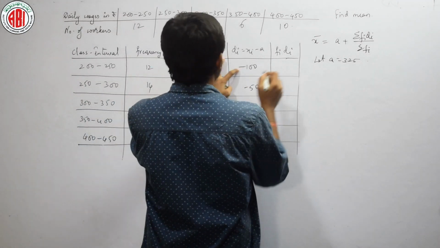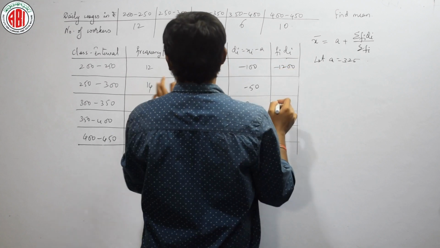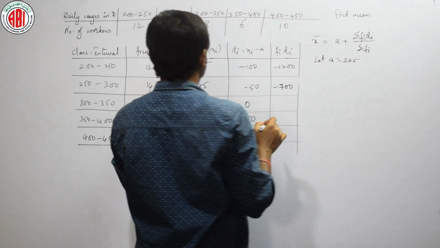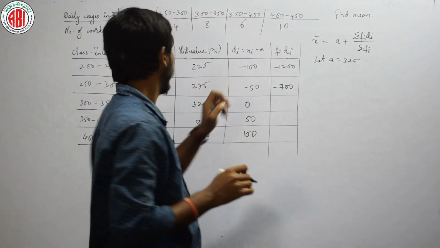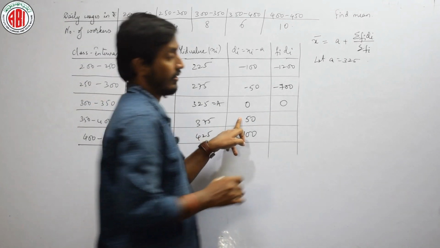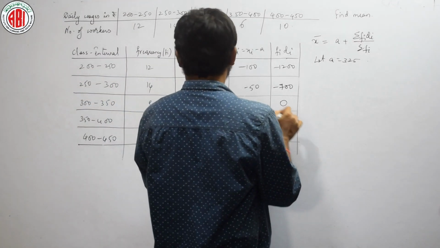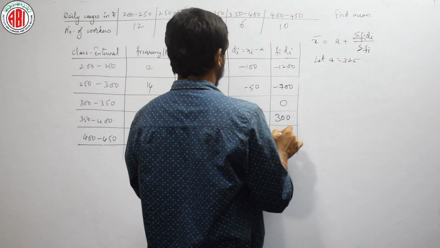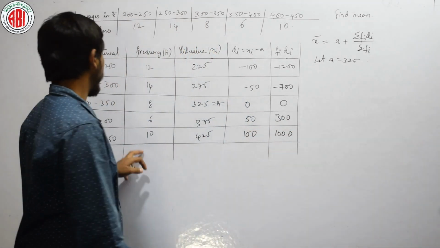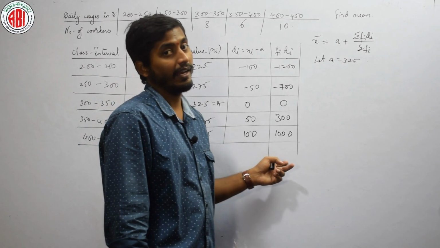Now let us do fi di. 12 into minus 100 is minus 1200. 14 into minus 50 is minus 700. 8 into 0 is 0. 6 into 50 is 300. 10 into 100 is 1000. Now we have to find summation fi and summation fi di.